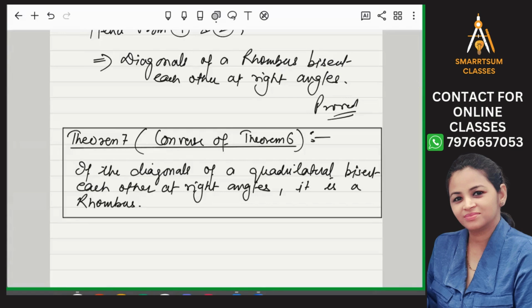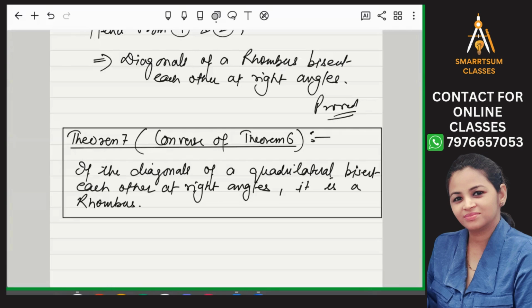Now you have to prove that ABCD is a rhombus. What you can do is prove that the adjacent triangles are congruent, as we have done in the previous theorem.